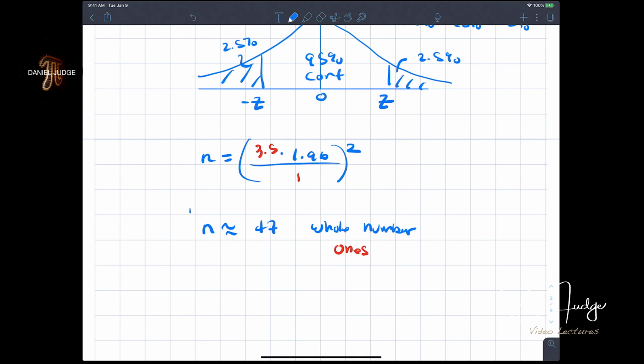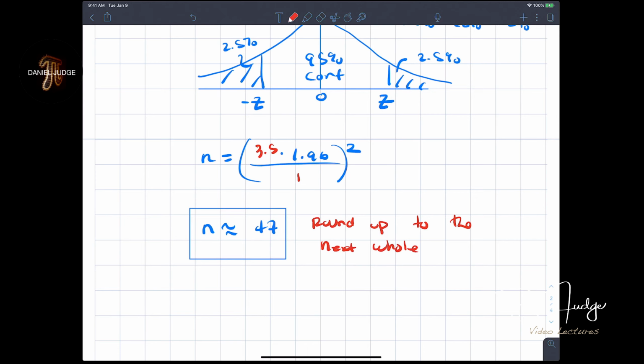So you're going to approximate this to 47. Or actually, we're going to round up to the next whole number. That's actually what you do.